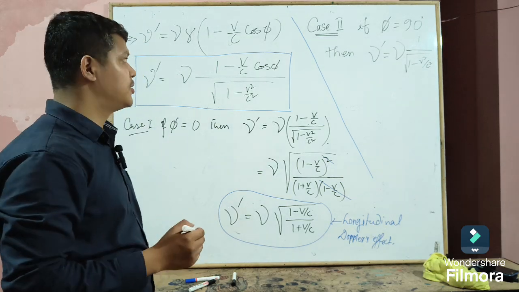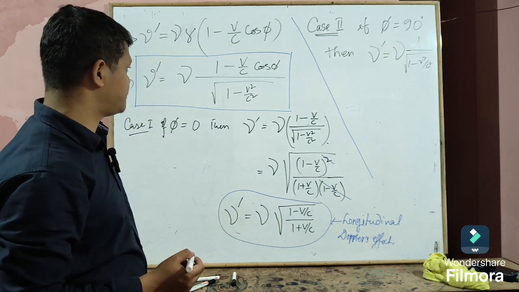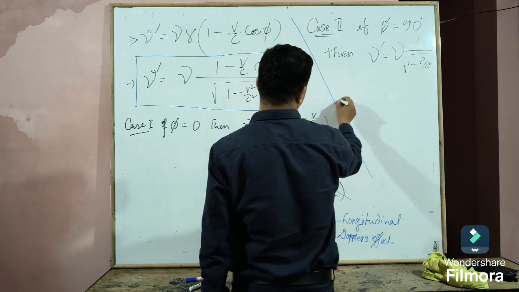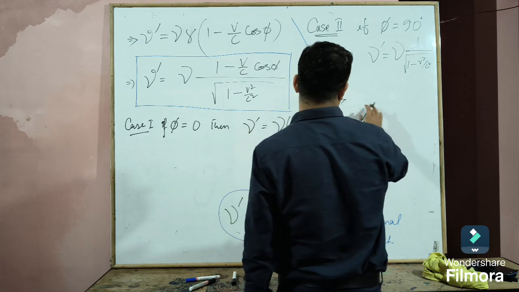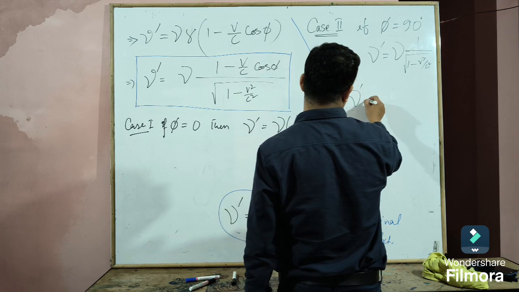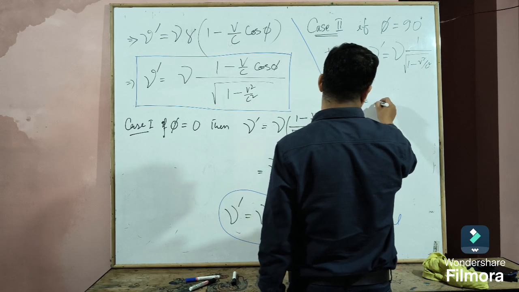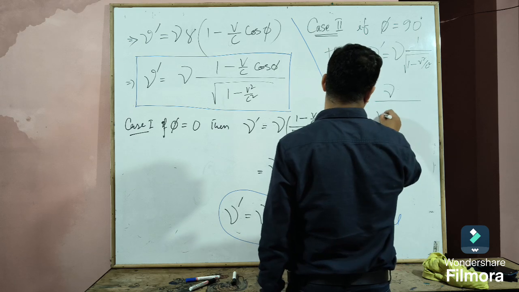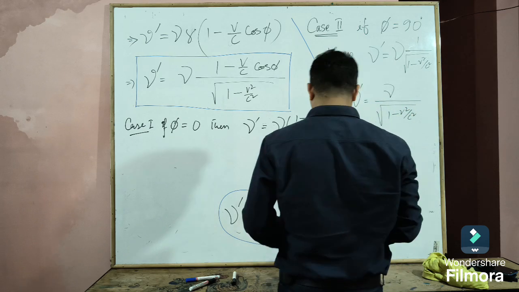Okay, so I hope you have understood this. Now you see what we can do here. Nu dash is simply nu by root over 1 minus v square by c square.